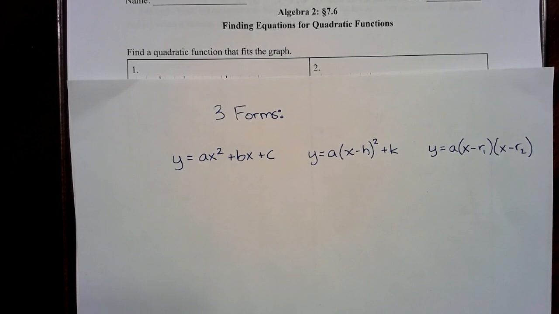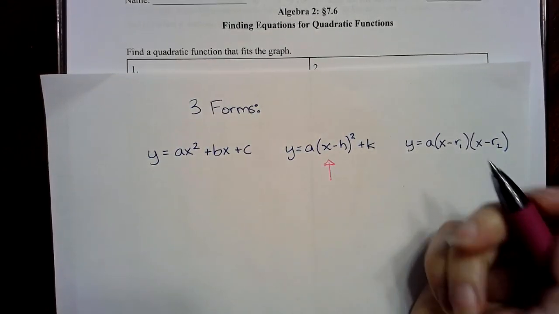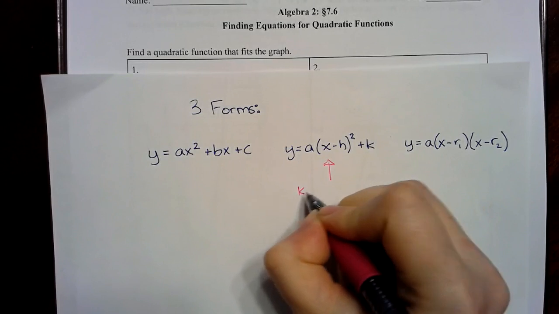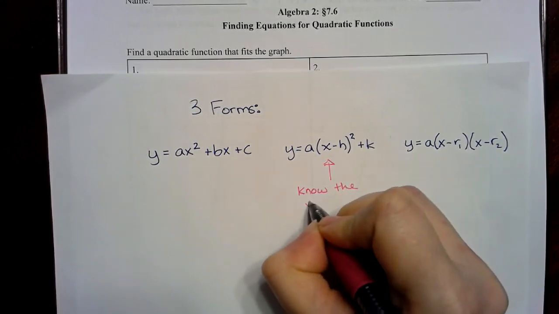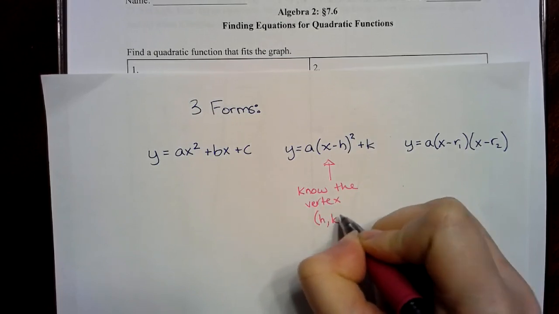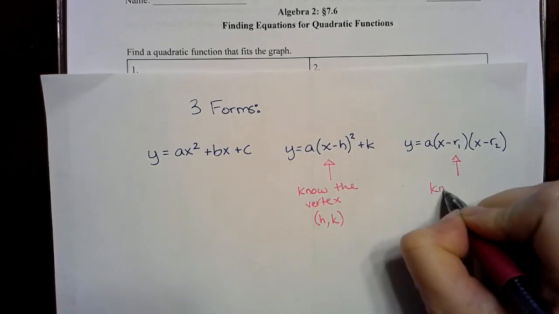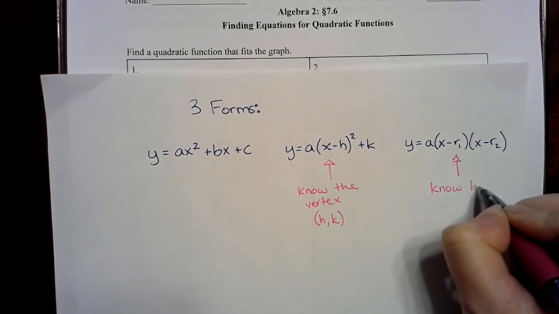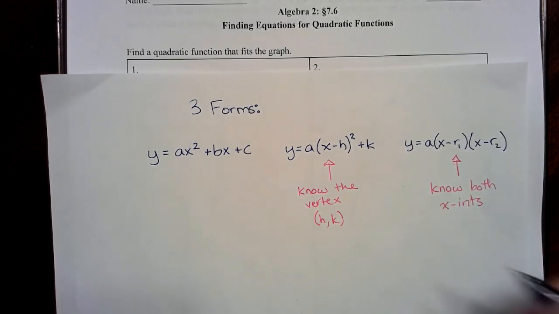So let's go through and say when we would use each of these forms. So this one is useful and we would want to use it if we know the vertex. This one is most useful if we know both x-intercepts.